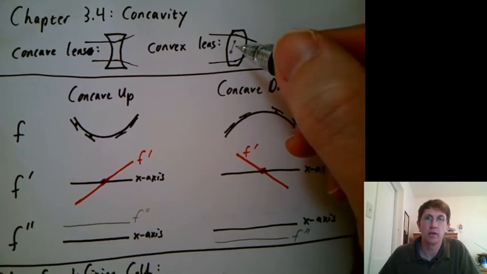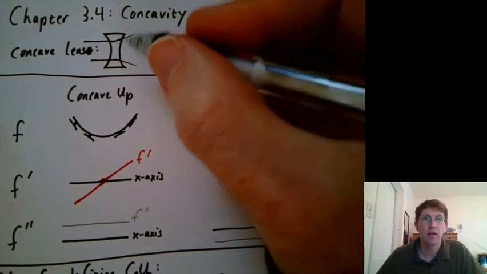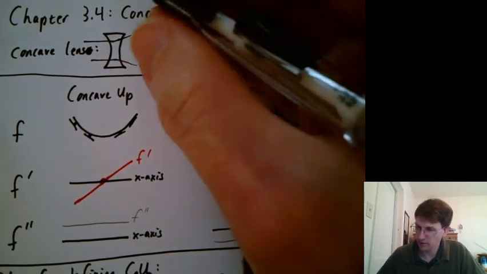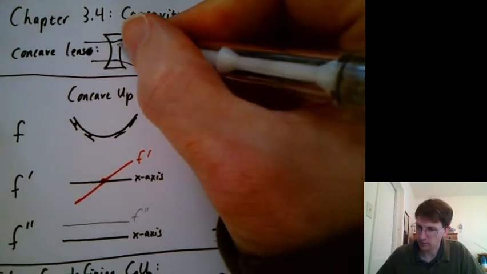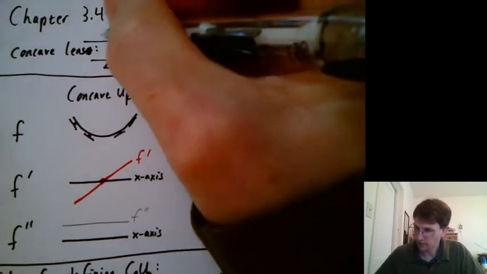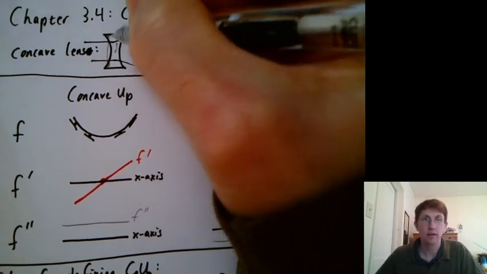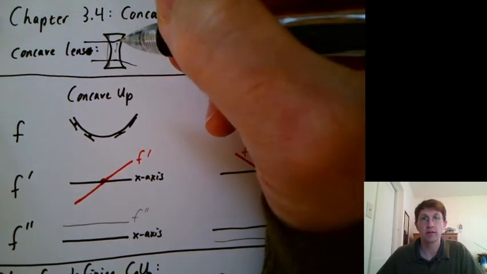Here I just chose 2, but it's true for any 2 points in that convex lens. If I choose any 2 points in the concave lens, sure, for some of them, the line segment between the 2 points will stay in the lens. But if I chose a point here and a point here, then that line segment goes outside the shape.